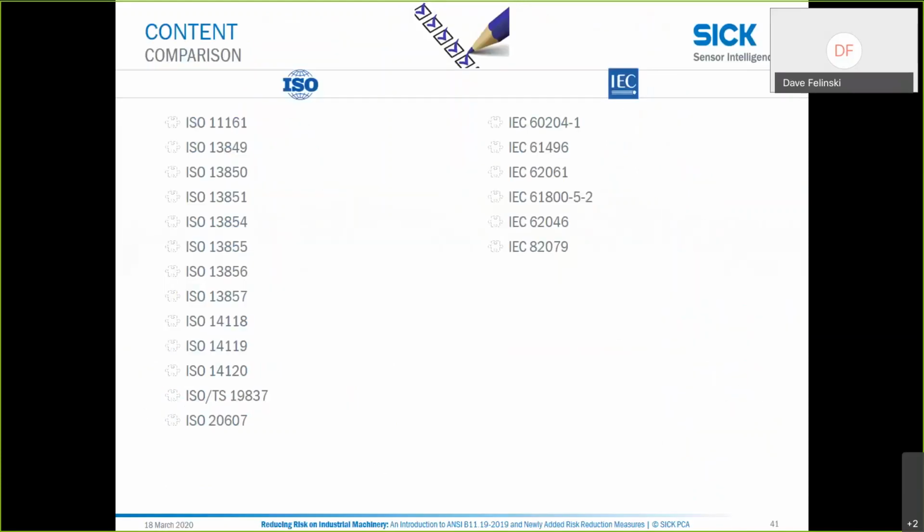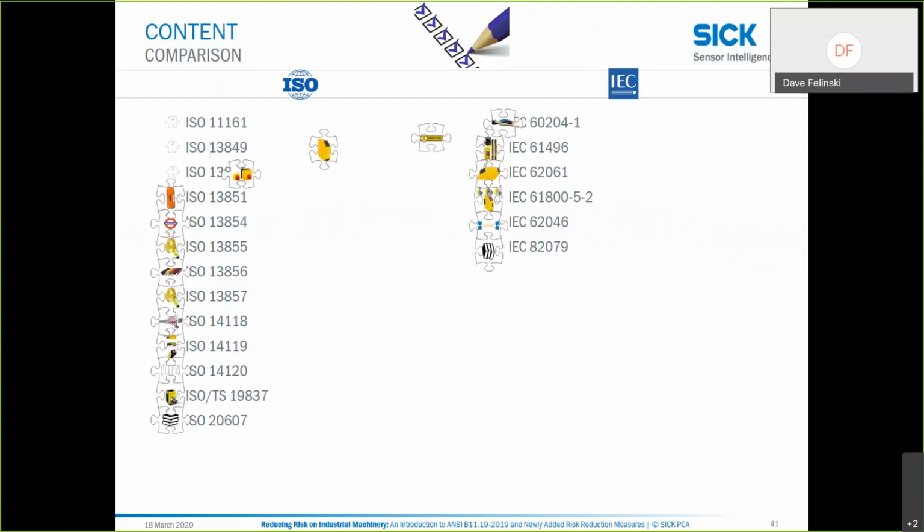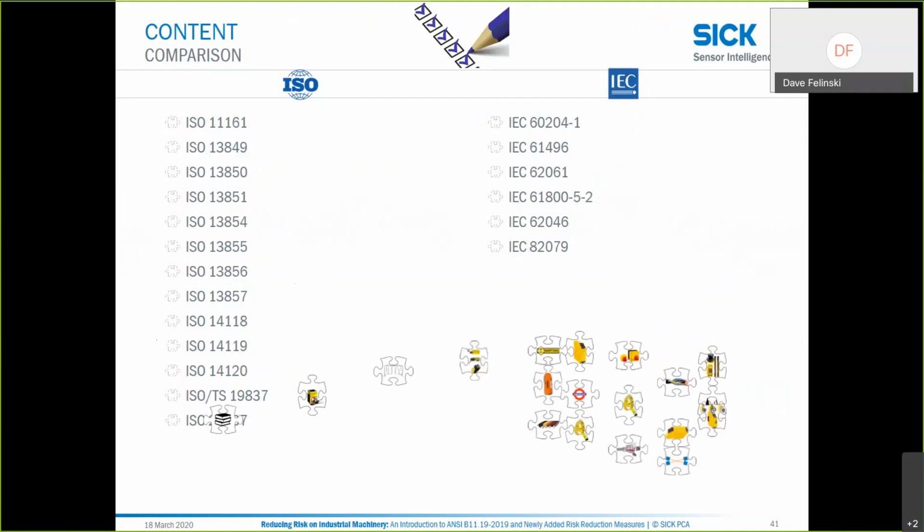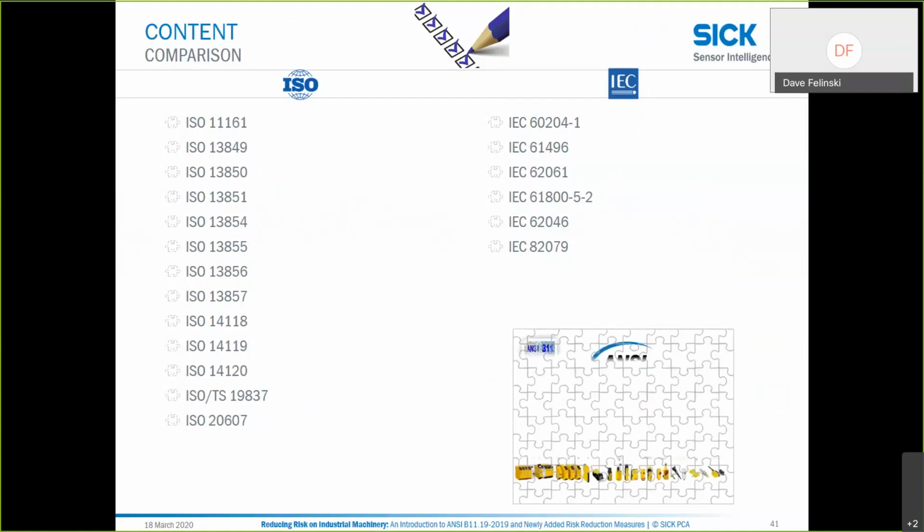It relies on a very large number of individual ISO and IEC standards, 13 different ISO standards that deal with all types of specific components or concepts, things like light curtains, two-hand control, interlocks, minimum gaps, positioning, safeguards, pressure-sensitive protective devices, safety distances, unexpected startup and emergency stops, design and construction of fixed and movable guards, information for use, and so on and so forth.